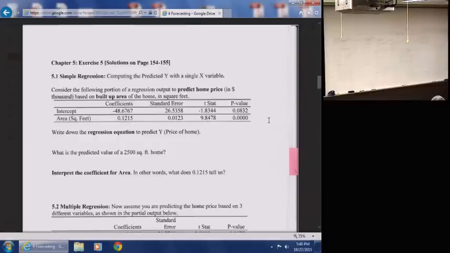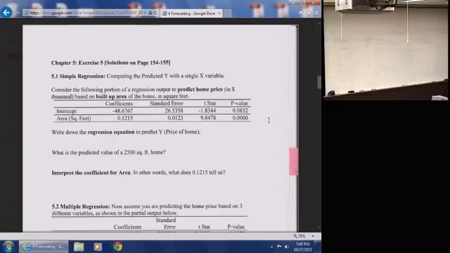First question. Look at the simple regression table, where you're computing the predicted y with a single x variable. Consider the following portion of a regression output to predict home price in $1,000 based on the built-up area of the home in square feet.